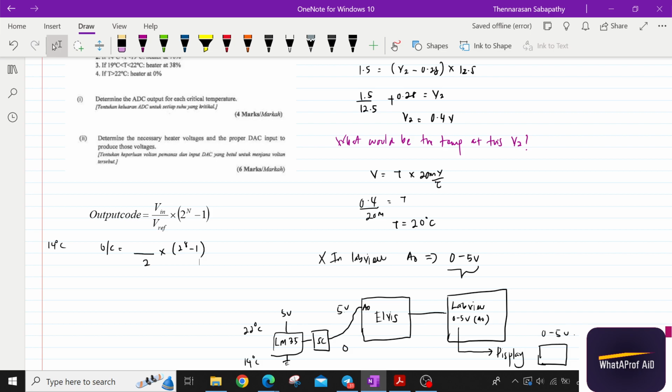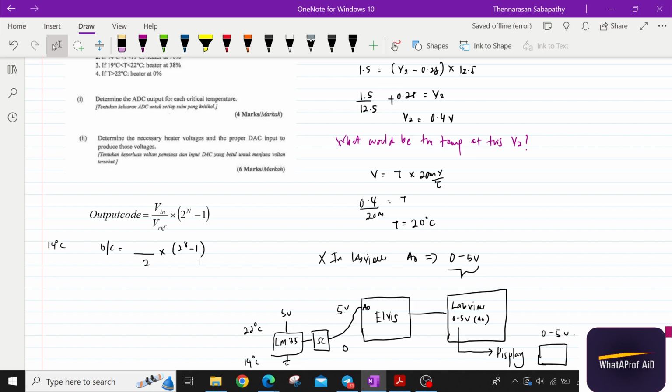It's not 0.28. Usually students make this mistake: for 14, they take this 0.28 and put it here. No, that's not correct. So in this case the output code will be 0, or you can write 0 in hex, in decimal, or in binary.